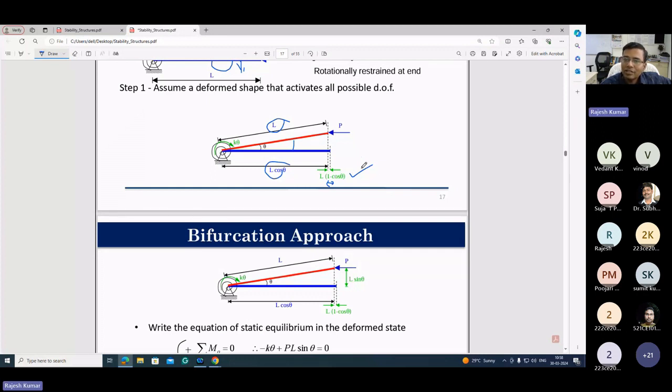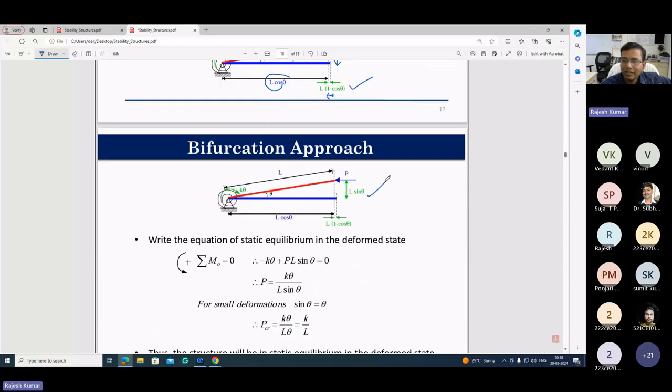And this length, from here to here, is L sin theta. So if you give a small rotation, a small deformation, then this load moves from here to here, L sin theta.